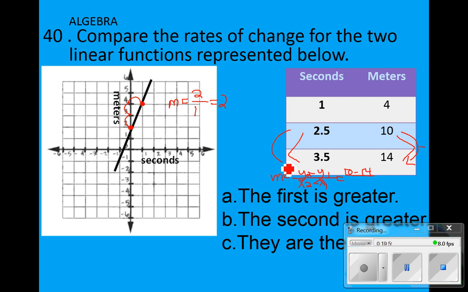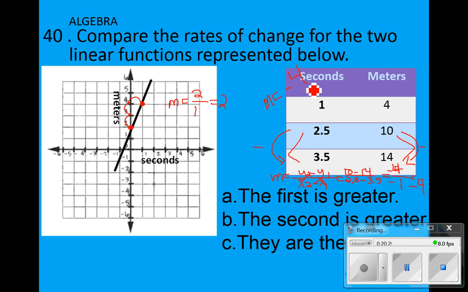And then over here, I have to go this direction as well. 2.5 minus 3.5. 10 minus 14 is negative 4. 2.5 minus 3.5 is negative 1. So that equals negative 4. So the m for this one is negative 4.